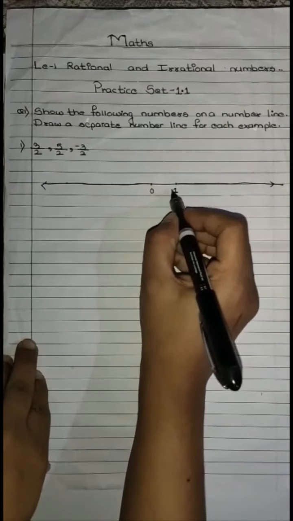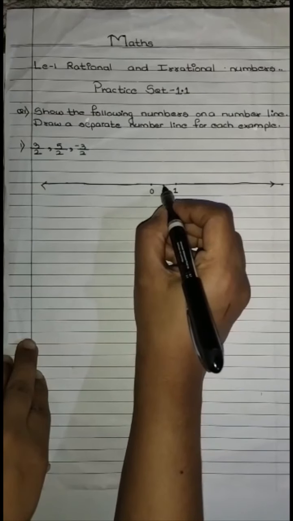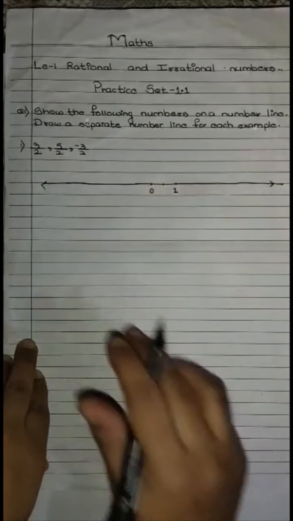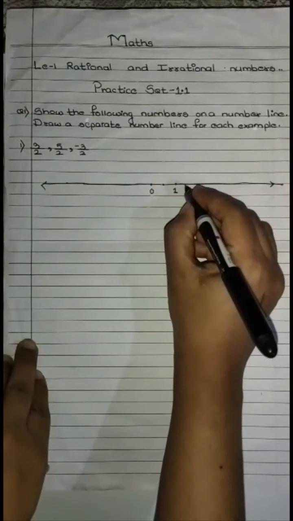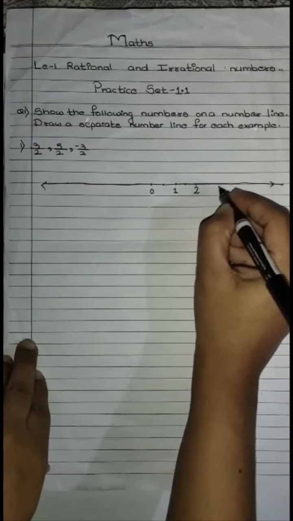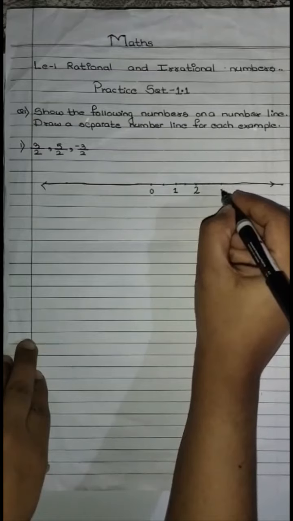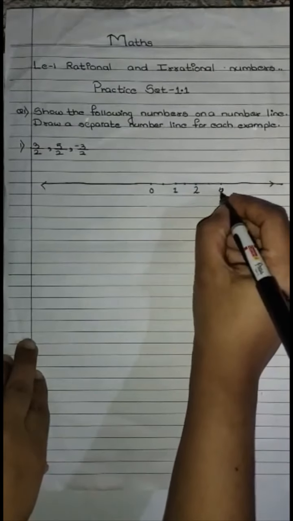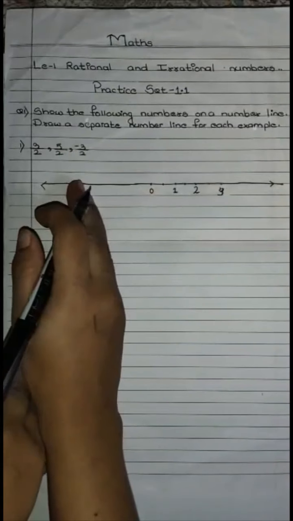Suppose 0 to 1, I have to divide this into two equal parts. This is one equal part, this is the second equal part. Now in this way we have to go further. This is the right hand side and this is the left hand side.